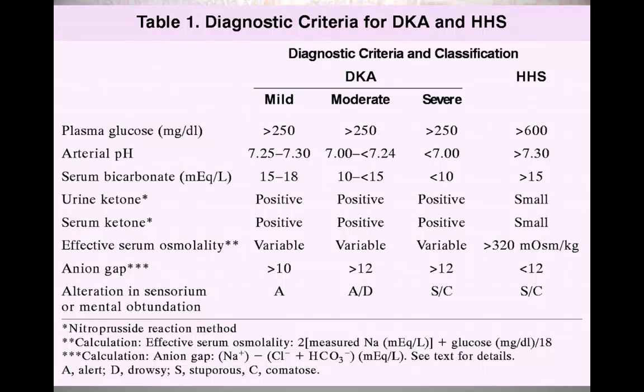So this is one of the reasons why plasma glucose levels are greater than 600 milligrams per deciliter, and this is the reason why osmolality is greater than 320, and typically much higher than that. I have seen that in practice. Signs and symptoms are more or less the same, but of course the patients would not have ketonemia and ketonuria.